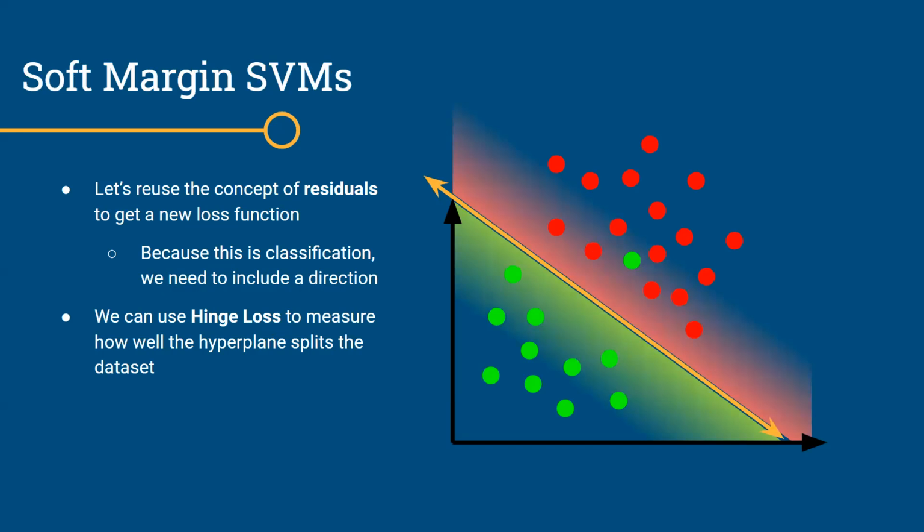Soft margin SVMs kind of remove the concept of those maximum margins, with the goal of just finding the distance between the line and every single point. Does everyone remember the concept of a residual from the linear regression problem? Well, this pretty much takes that and uses it to find our new hyperplane.